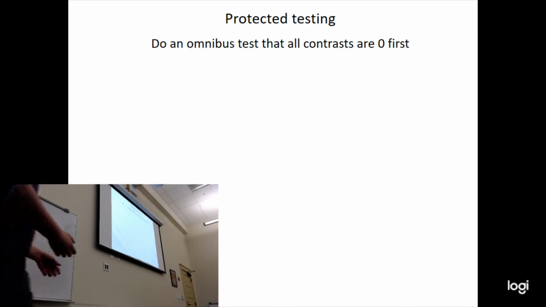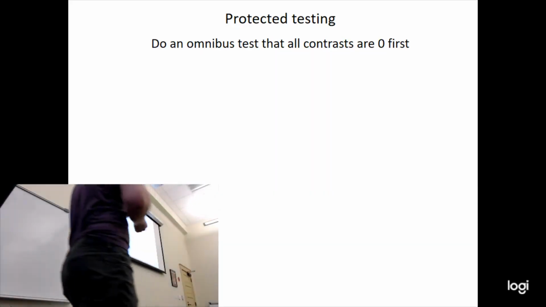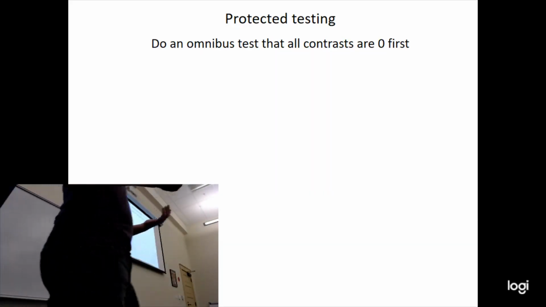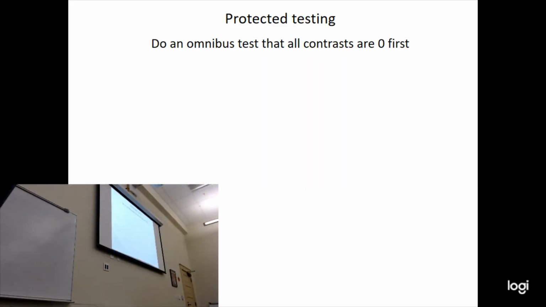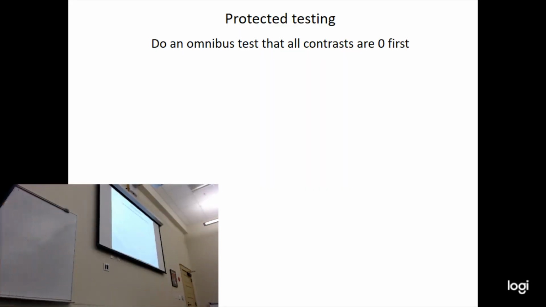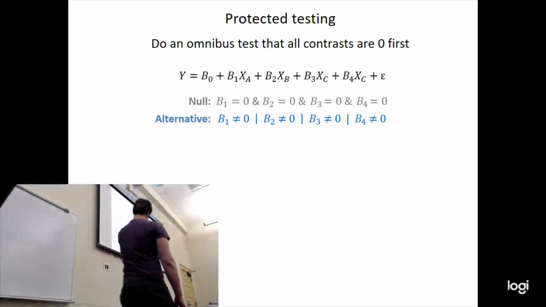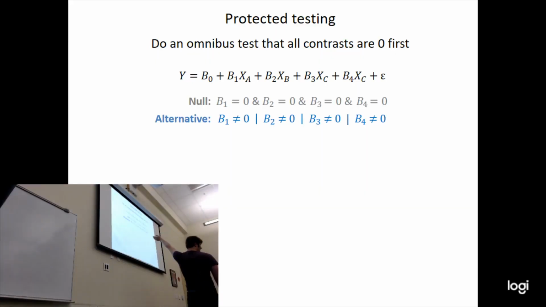Protected testing is one that we've talked about in passing already. What this involves is doing an omnibus test before you look at any specific comparisons that you might be interested in. This is the statistical model that we're working with in this design where we have different groups.